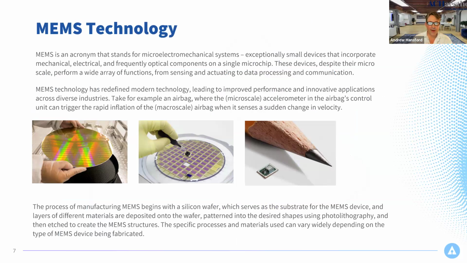It's used in many, many things throughout the world in very different industries as well. And you can see by those images how tiny they are in relationship to their power and their ability at what they're doing. I mean, the world is going nano now, isn't it? Everything has the word nano in front of it. But MEMS technology has been around for a while and proven and incredible.